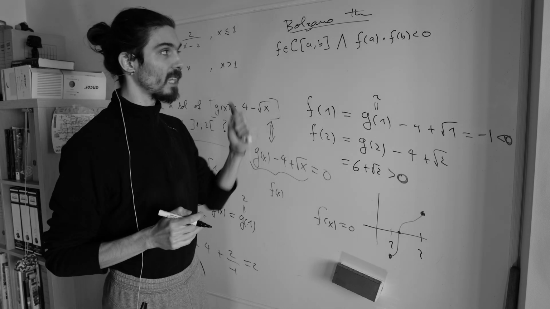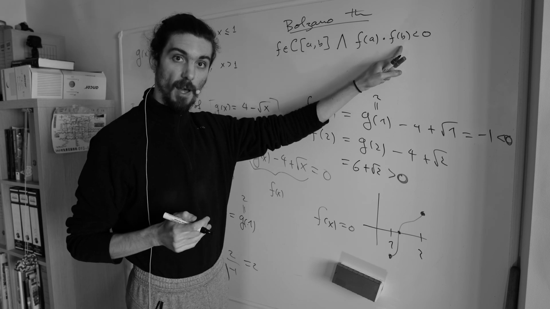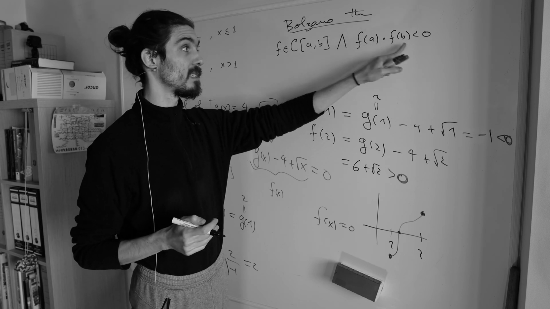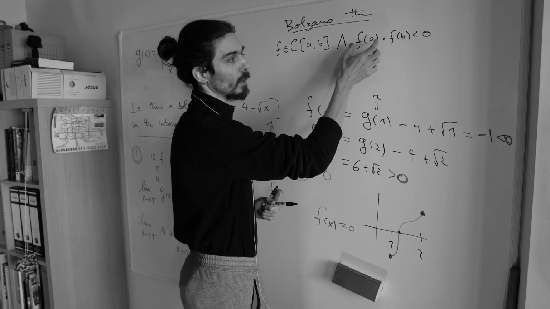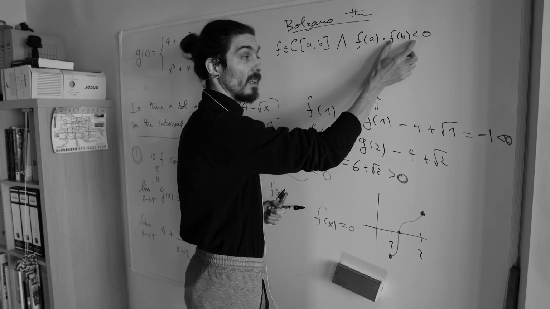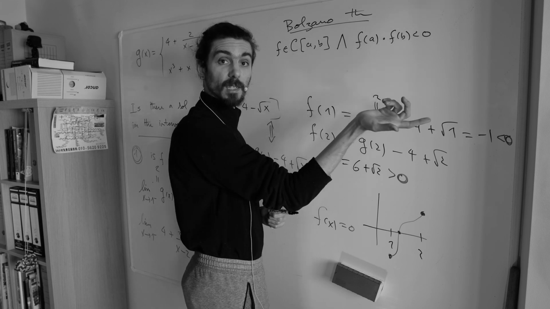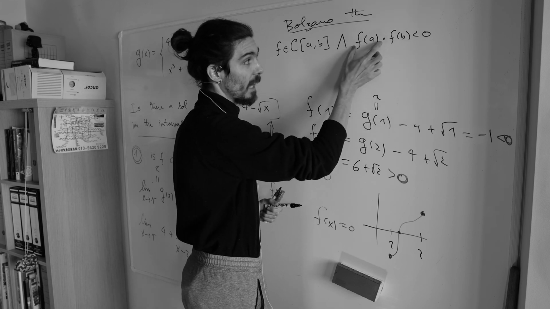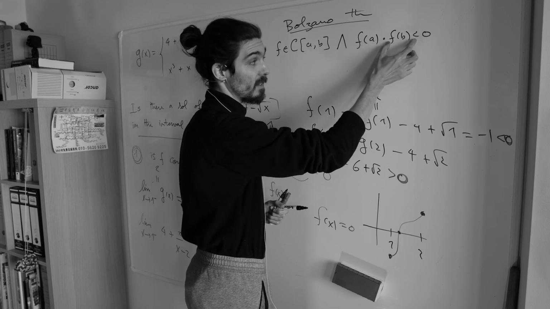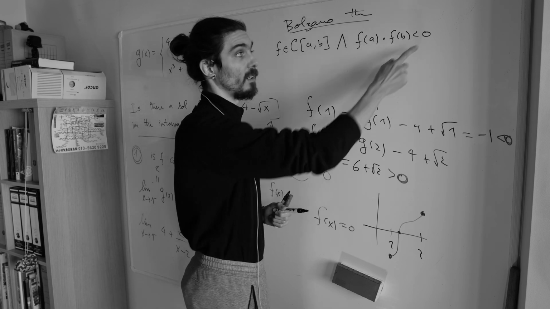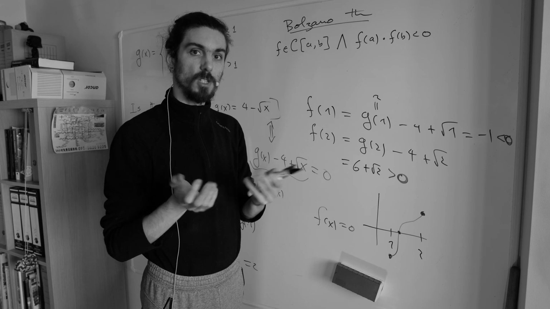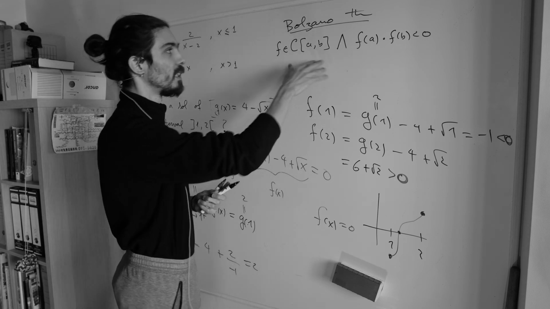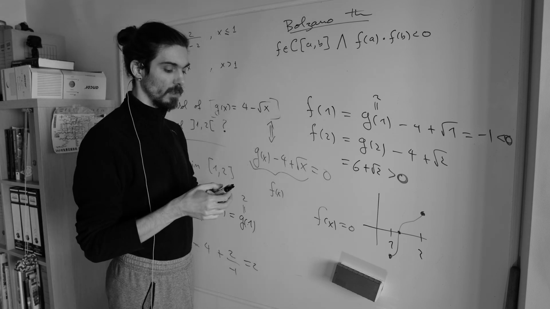To say that f of a and f of b have different signs is the same thing as saying that the product is negative. If one endpoint is negative and the other is positive, the product is negative. If this endpoint is positive and the other is negative, the product is negative again. So this statement encapsulates both situations. These are the sufficient conditions for the Bolzano theorem.